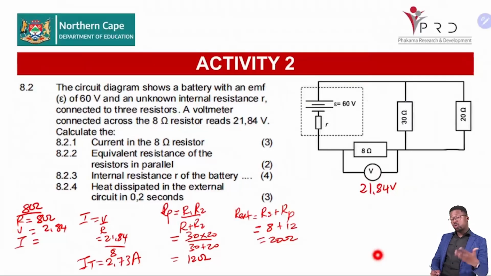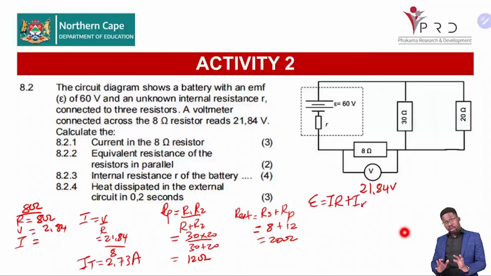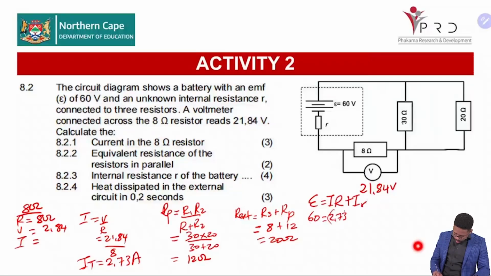Then we can start now to be obsessed to get the internal resistance and say EMF is equal to I R external plus I r. What is our EMF? 60. What is our total current? 2,73 multiplied by R external, which is 20 plus 2,73 r. Now we perform our maths. 2,73 times 20. What will be your answer?